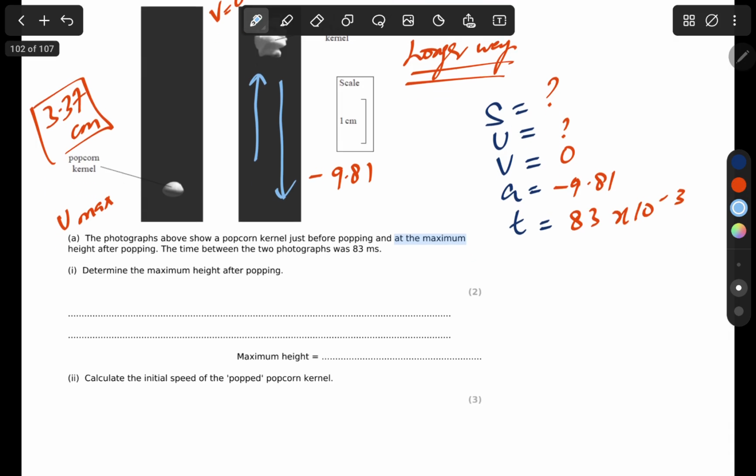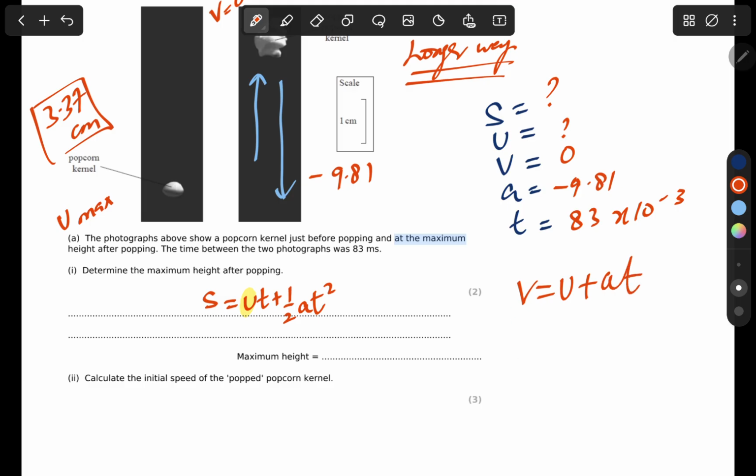So I know that I can use an equation. Now first of all, let's find u, okay, because to find s, I can use s is equal to ut plus half at squared. So I need to find u for this equation. So the equation I can use is v is equal to u plus at.